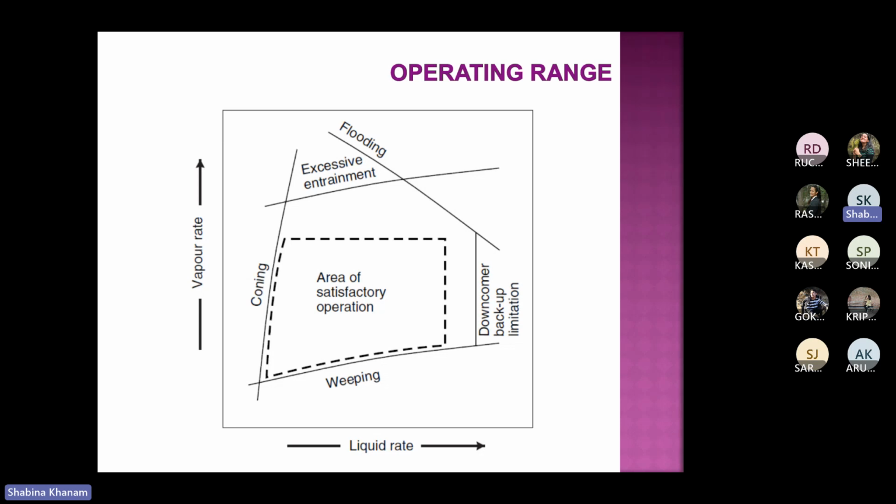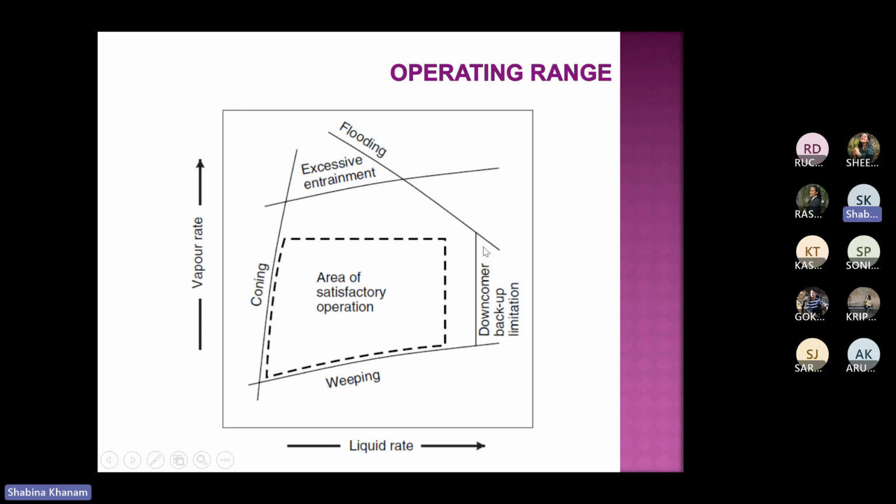In that way you can identify what parameters you need to address more precisely, like weeping condition, downcomer backup, and excess entrainment and flooding. We don't consider coning because if you see below, the flooding will occur.